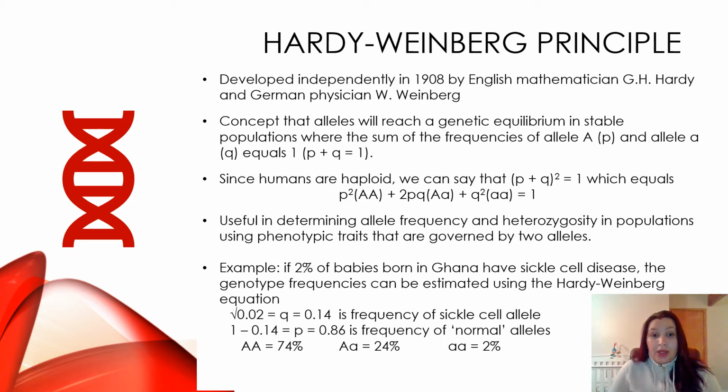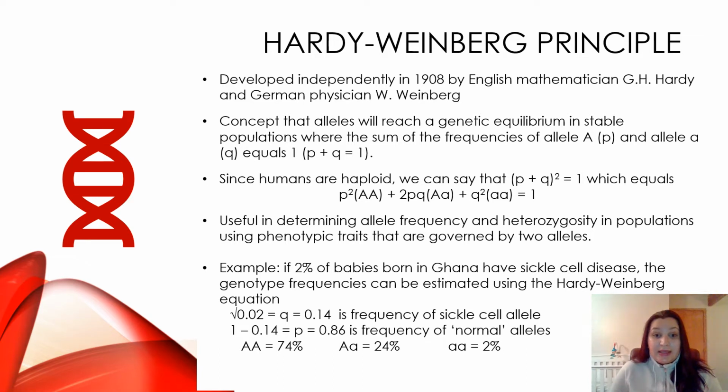So since humans and many other species are diploid, we can square this, and we can say that (p + q) squared equals 1, and extrapolate that out to p squared + 2pq + q squared = 1. And this is useful to help us determine allele frequency and the amount of heterozygotes in a population using phenotypic traits that are governed by two alleles.